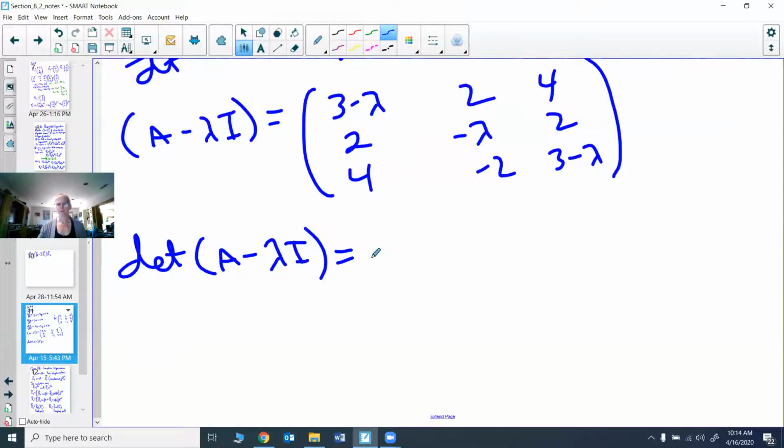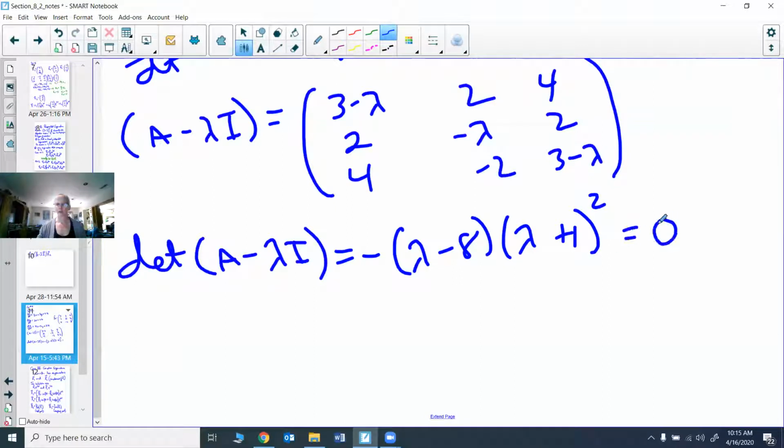I wouldn't use lambda because there's no easy lambda on your calculator, but there's other things you can use. So when I did this, I got negative 1 times lambda minus 8 times lambda plus 1 squared. Okay. And that equals 0. So lambda equals 8 or negative 1, but the negative 1 has multiplicity 2.